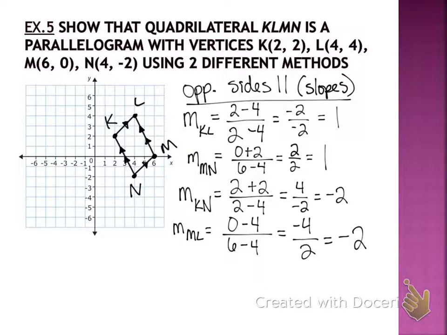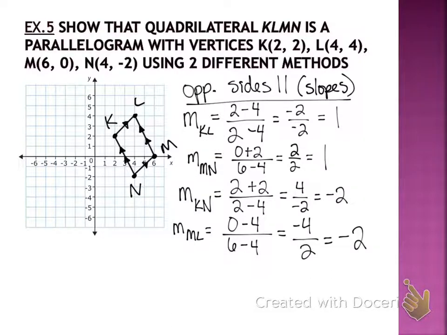But if you flip over to the front where we went through all those theorems, there was one theorem that said if you know one pair of sides is both parallel and congruent, that would be enough. And we've already shown parallel. So if we could just get one of these pairs of sides to be congruent, that would be enough. Does that make sense? So that way we would only have to do distance formula twice instead of 4 times.